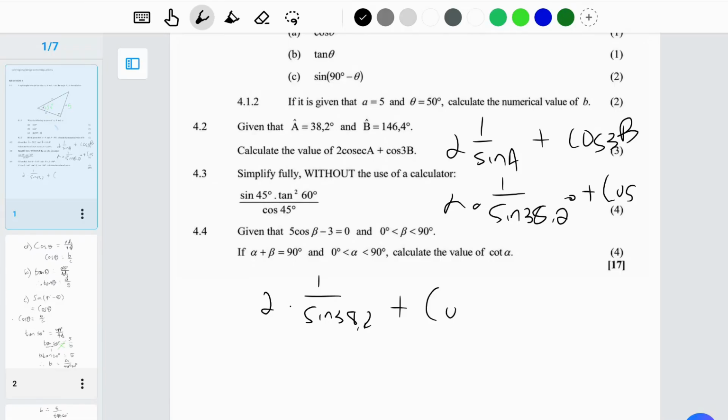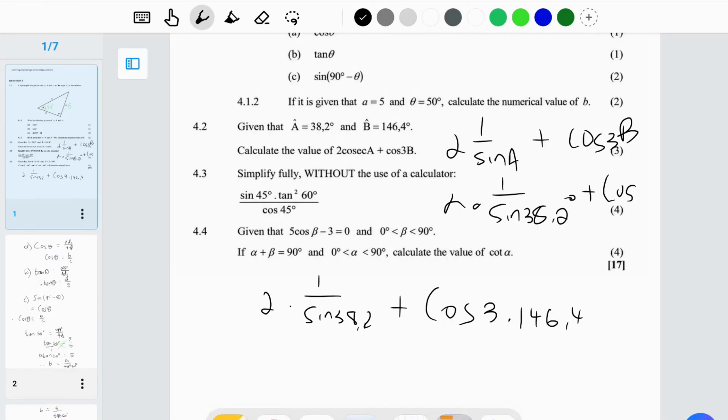Plus the cos of 3 times 146.4, because we know B is 146.4. Apologies. So this we can hit into our calculator as is.